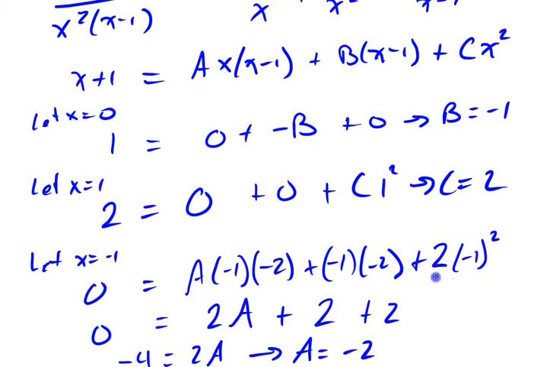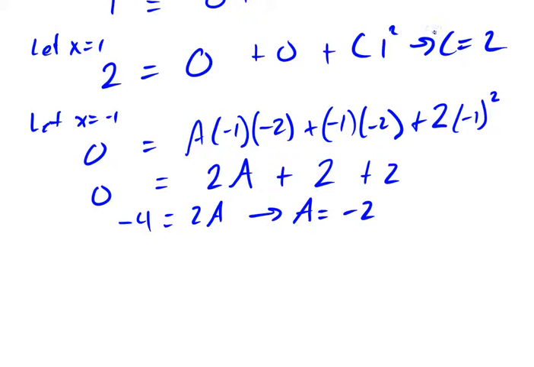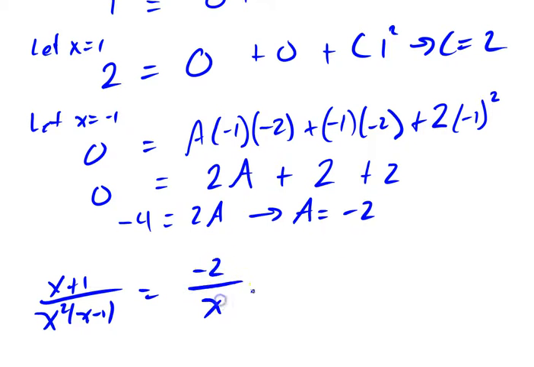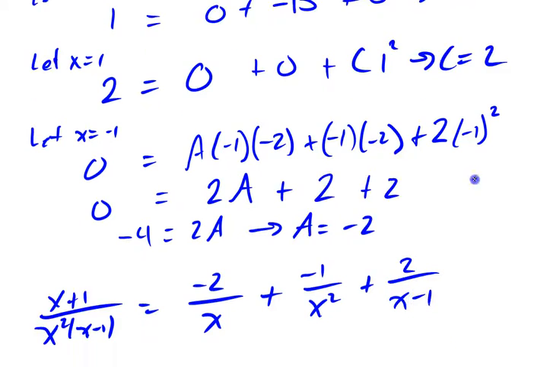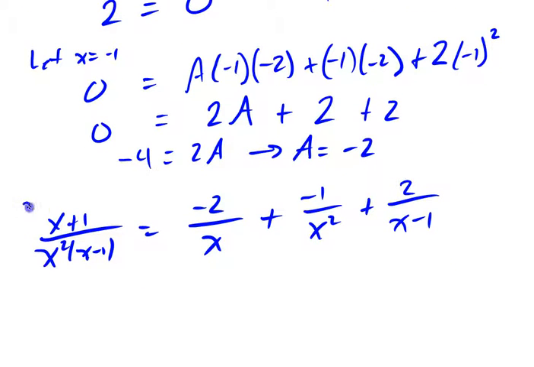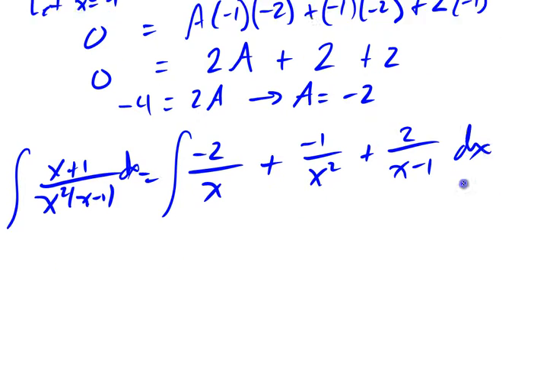So my original fraction, where was it? x plus 1 over x squared times x minus 1 is equal to a, negative 2 over x, plus b, negative 1 over x squared, plus c, 2 over x minus 1. So if I wanted to integrate this thing, dx, it would be the same as integrating all of this thing, dx.